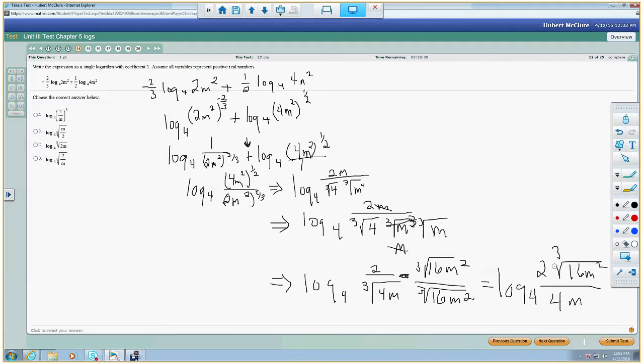So it looks like I've got this. And what happens to the 2 and the 4? It'll be 2m right there, so I'm going up here. Log base 4 of the cube root of 16 m squared over what? M? 2m, thank you.